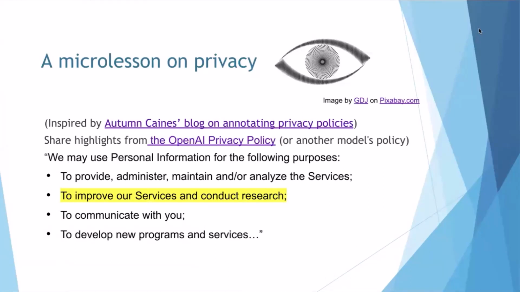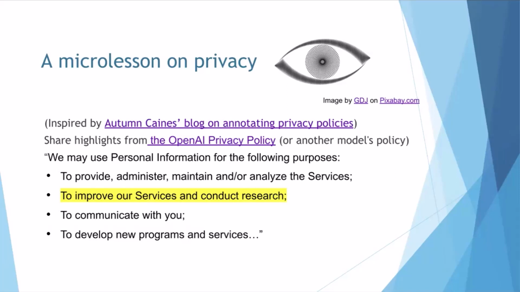And this is a way to do a very brief micro lesson on privacy. I know privacy is something I always think I should pay more attention to than I do. So the idea is, let's take 2 or 3 minutes to bring up the privacy policy for one of these systems.